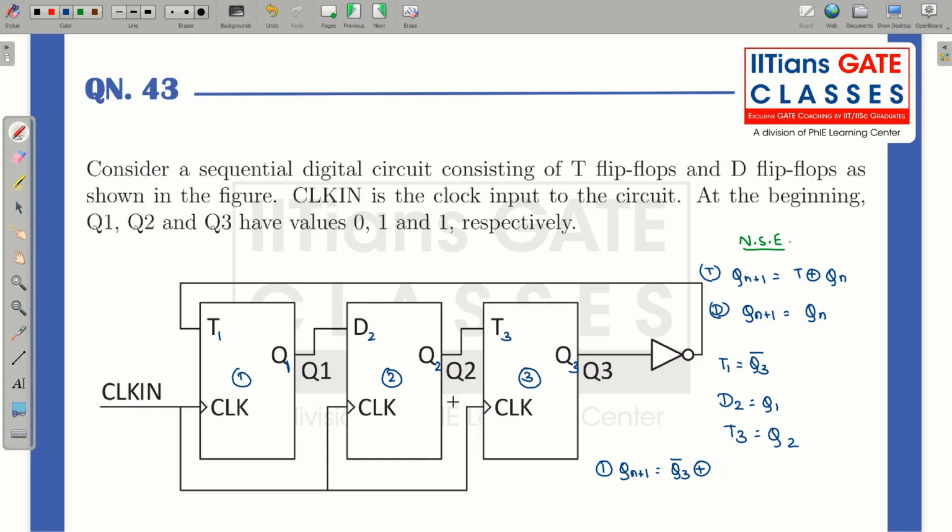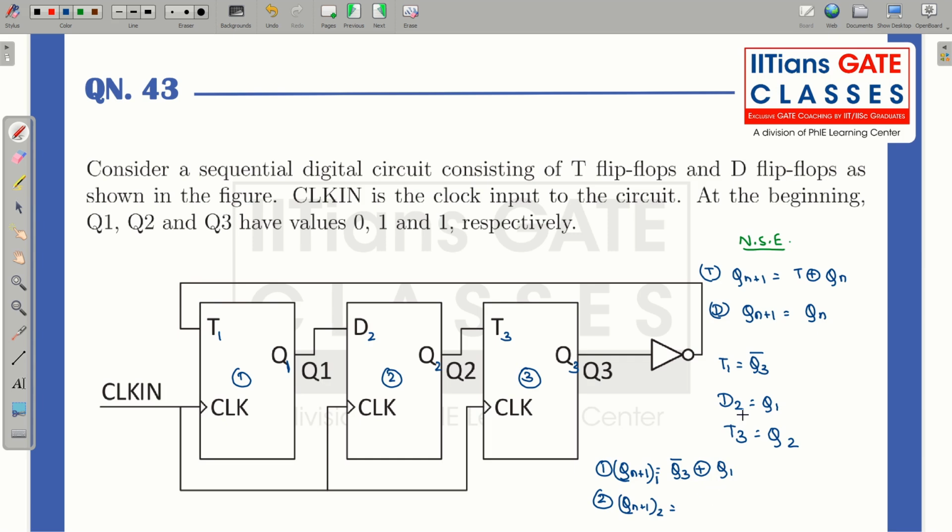So that will be Q1, basically this is the first flip-flop. Second, this is your D flip-flop, so I am going to use this next state equation. Qn plus 1, let me put in the subscript like this. So this is your first flip-flop, this is your second flip-flop.